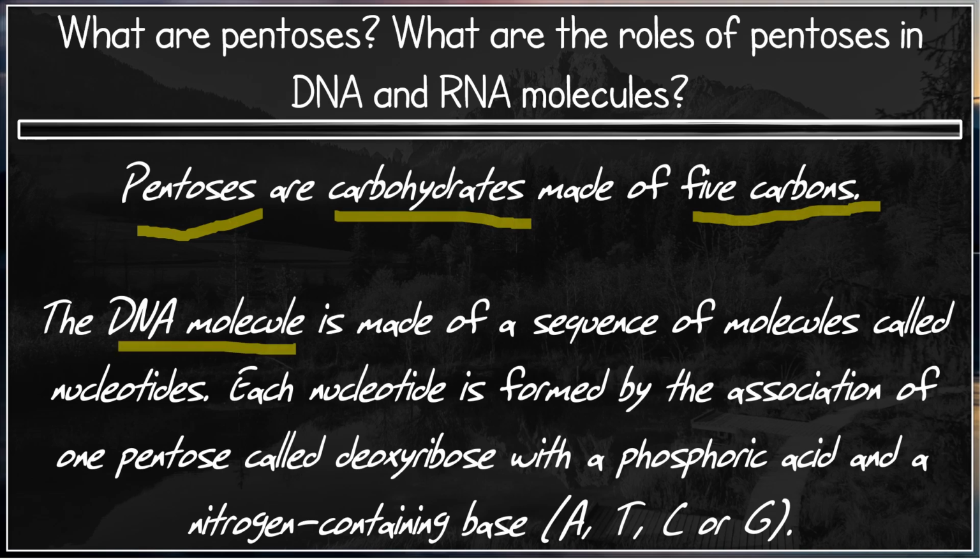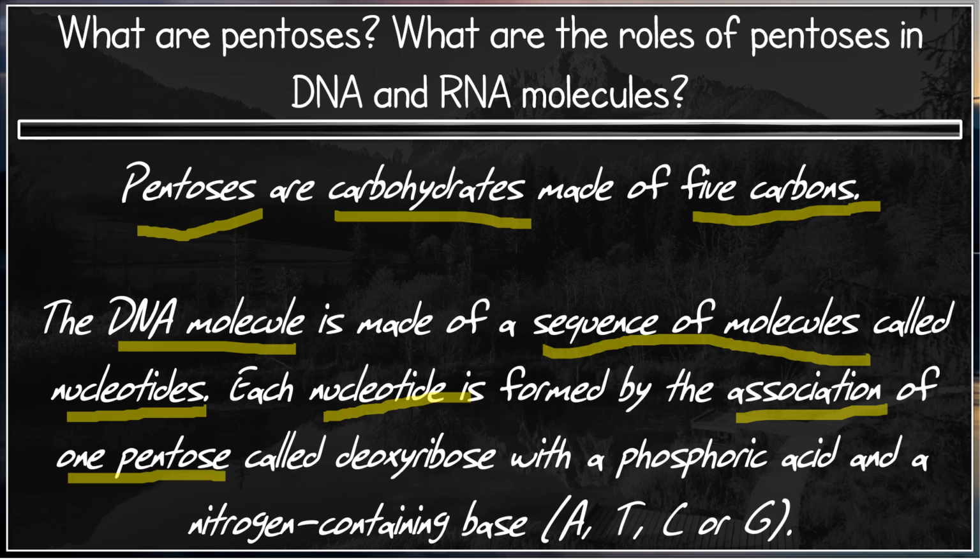The DNA molecule is made of a sequence of molecules called nucleotides. Each nucleotide is formed by the association of one pentose called deoxyribose with a phosphoric acid and a nitrogen-containing base, which can be adenine, thymine, cytosine, or guanine.